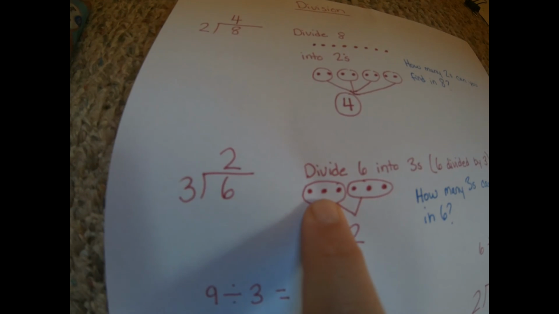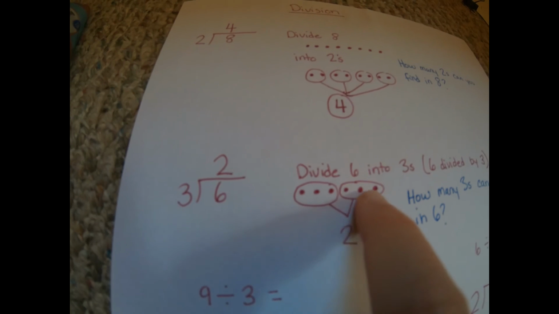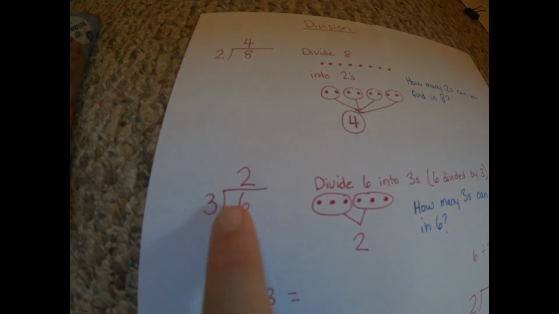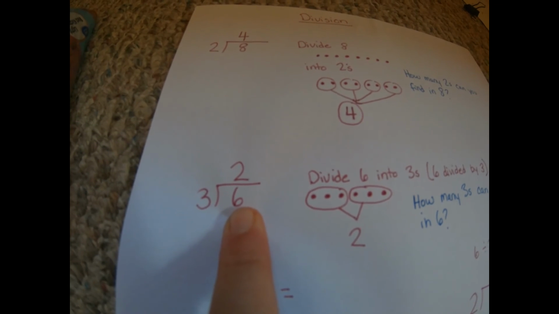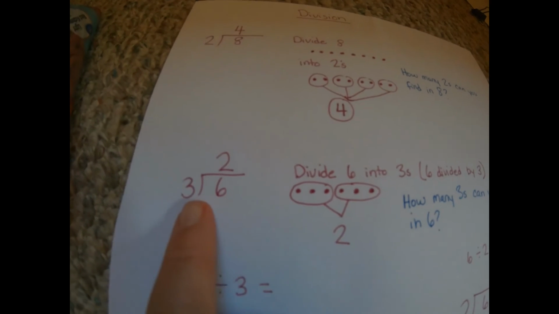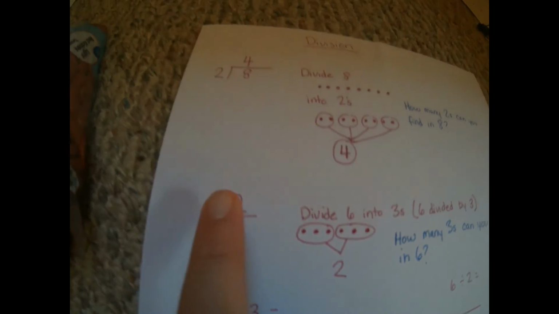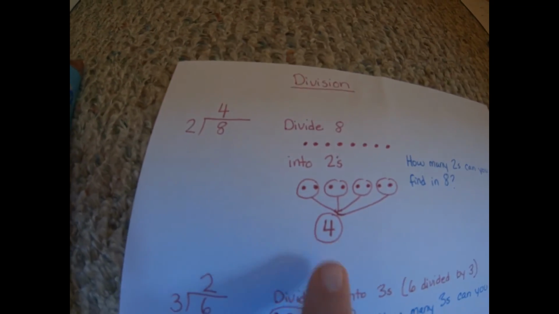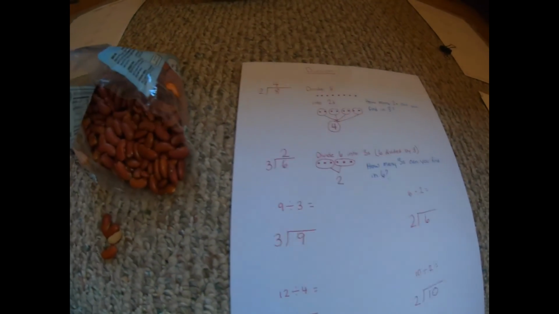How many 3's are in 6? 1 3, 2 3's. There are 2 3's in 6. That's how you divide. You see how many 3's you can find in 6, and there are 2. You see how many 2's you can find in 8, and that's 4. Let's do these.